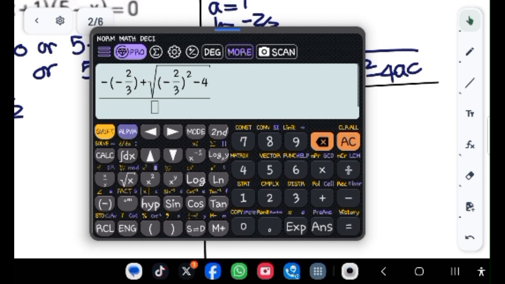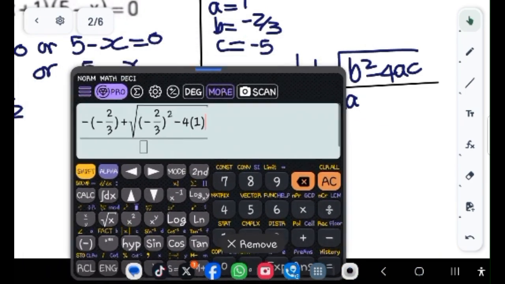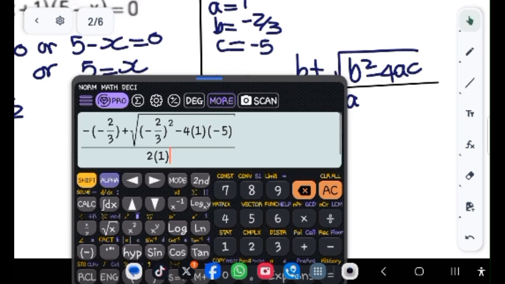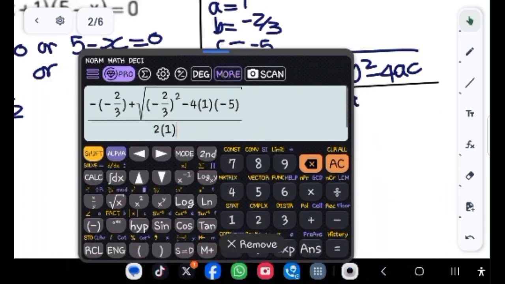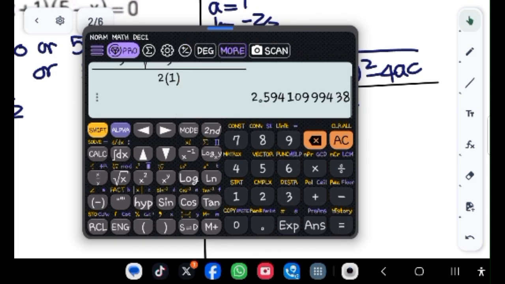A is 1 and C is negative 5. And therefore A is 1, so that is 2 in bracket. Now punching this correctly in the calculator is very important, because that's how you get the answer right or wrong. And then you press the equal to button.